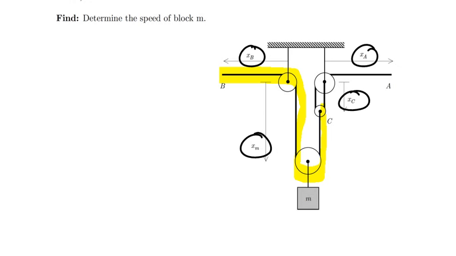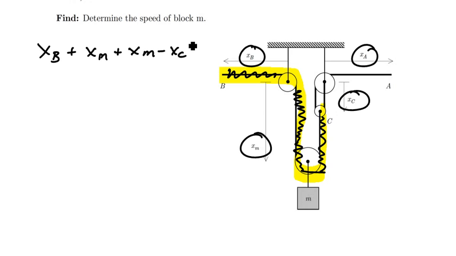So to start, I'm going to note that this top segment here that I'm putting a squiggly line over is of length xb, and then I have two additional segments of rope here, which I'm going to call plus xm, and also plus xm minus xc, respectively, where xm minus xc, of course, accounts for the rope length on the right-hand side of that. And that, of course, has to equal some constant.